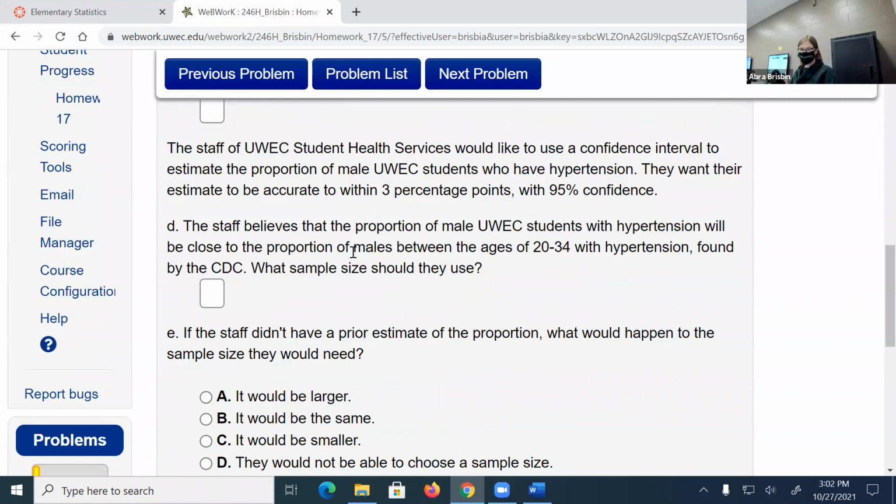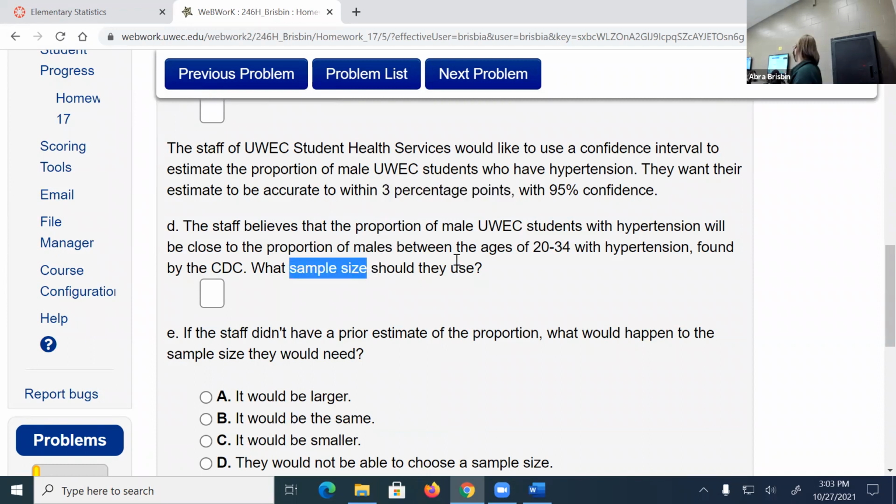We want to find a 95% confidence interval that's accurate to within 3 percentage points. And we want to know what sample size we should use.